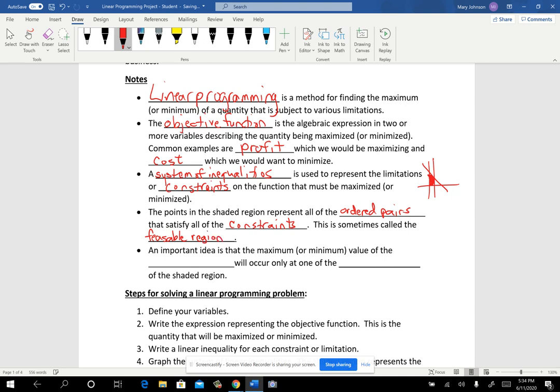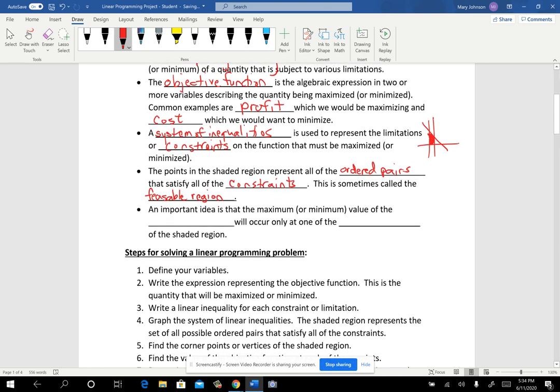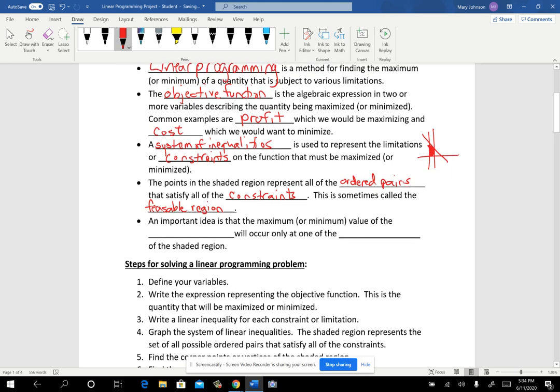All right, so an important idea, this is like the big idea of linear programming, is that the maximum or the minimum value of the objective function, so like of the profit or the cost, will occur only at one of the corner points.